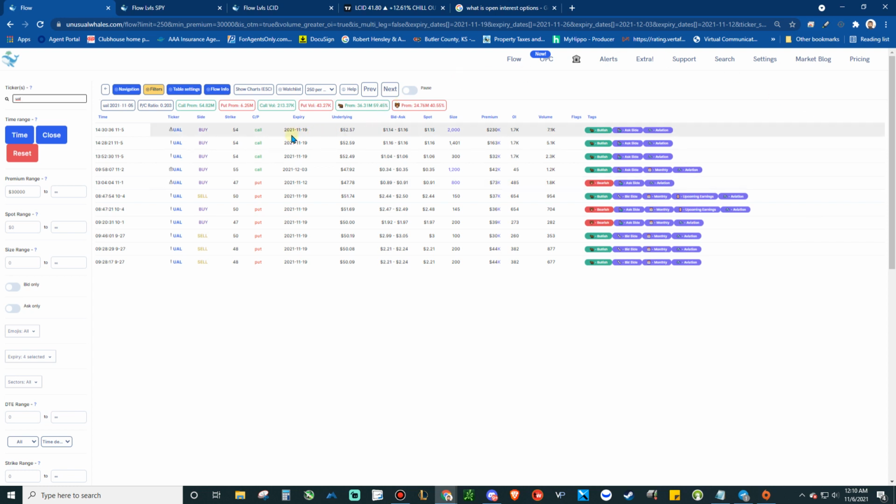And you've got today only, November 5th, you had 54 strikes being bought for 11.19, so it's a little farther out. Remember how I said earlier that if you see the further out strikes being bought, so we're looking at 11.12 being our closest. These strikes were bought 2 weeks out. They're starting to build a position.